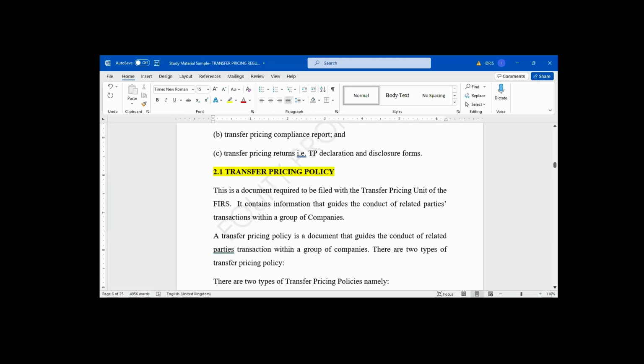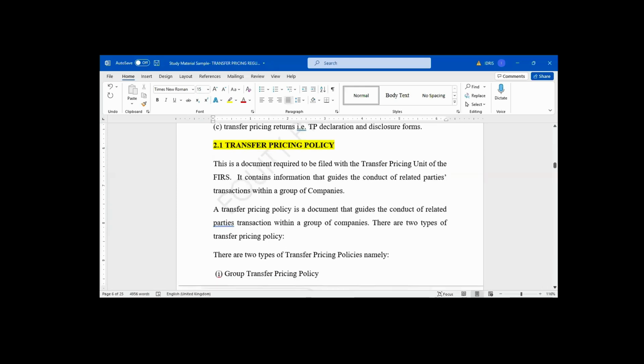As a multinational company that has a subsidiary or a parent, you need to file a transfer pricing policy with FIRS. This policy is a document that contains the guidelines, the information that guides the conduct of related party transactions within a group of companies.